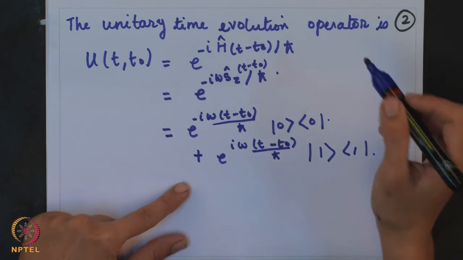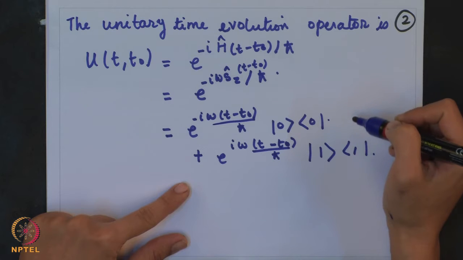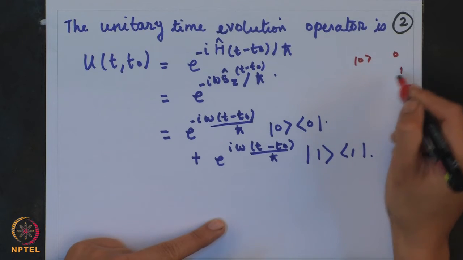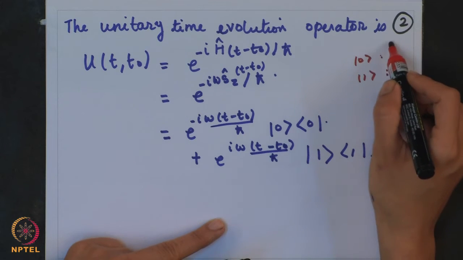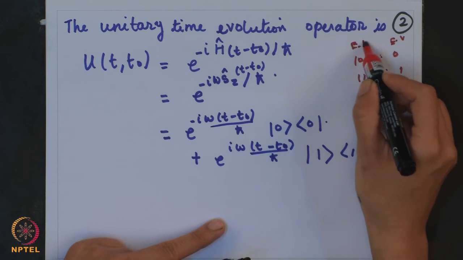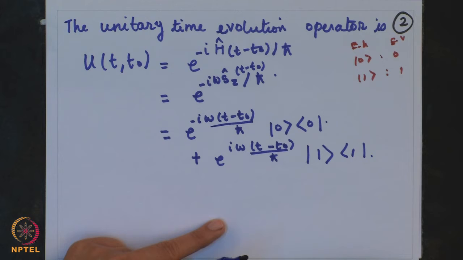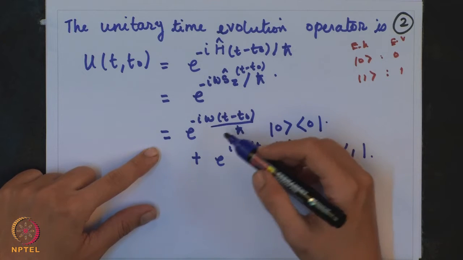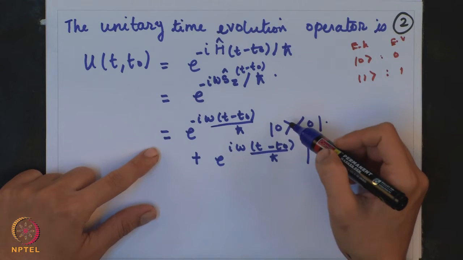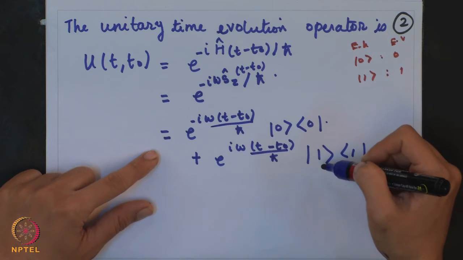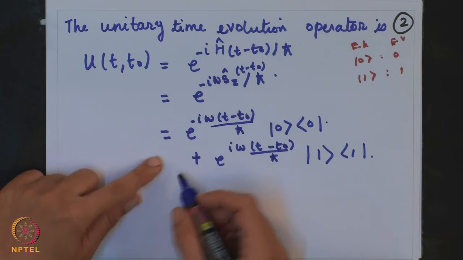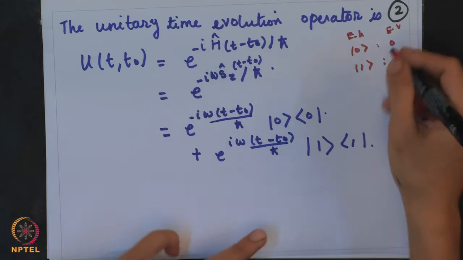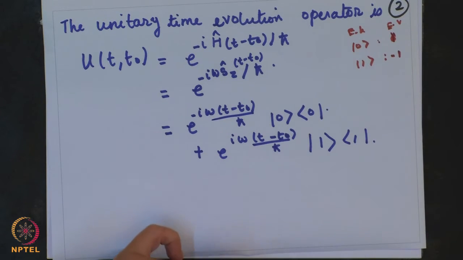Remember, the ket 0 and 1 are the eigenbasis of Sz with eigenvalues 1 and minus 1, I am sorry, I made a mistake.